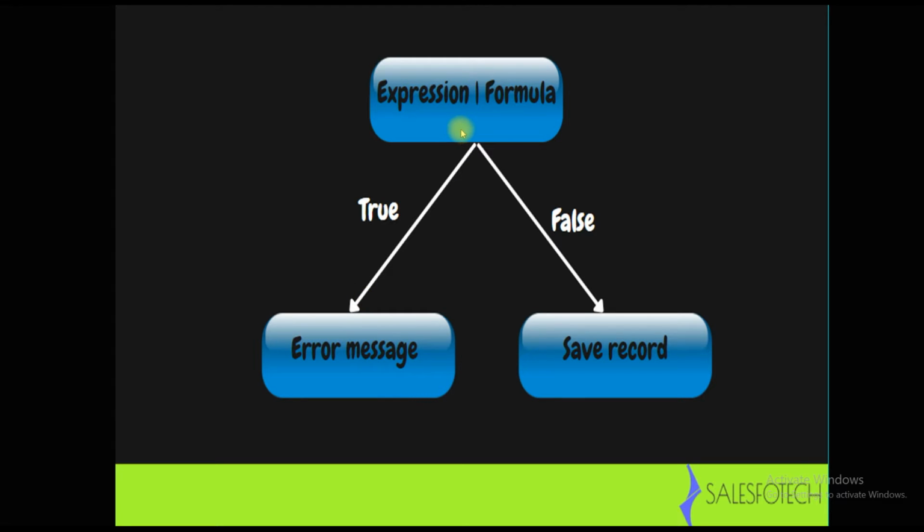And assume I am entering 150. That means the expression or formula results in false. The validation rule's formula provided is amount less than 100 only. 150 is greater than 100, so it will result in false, and as a result the record will get saved to the system.